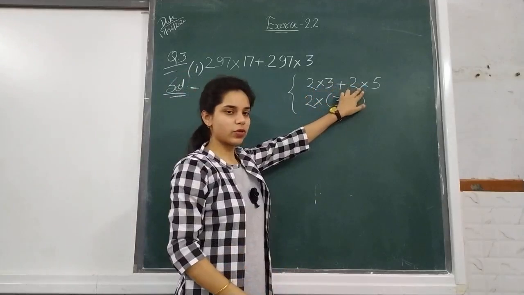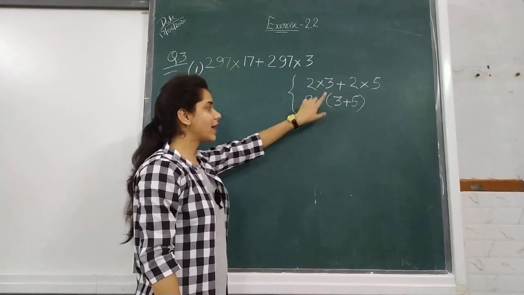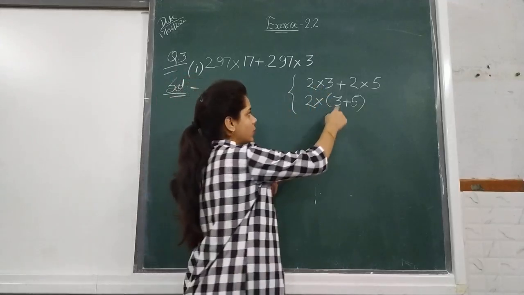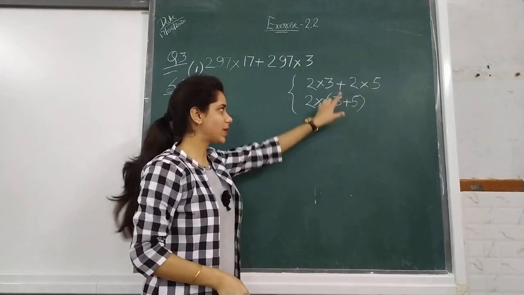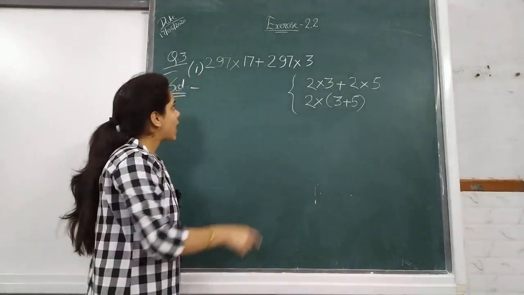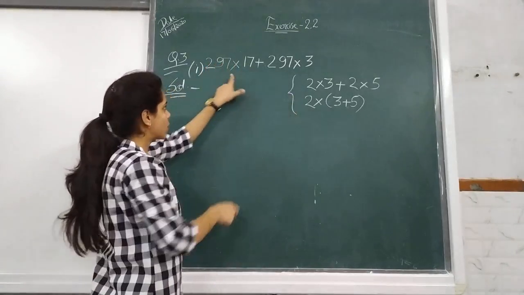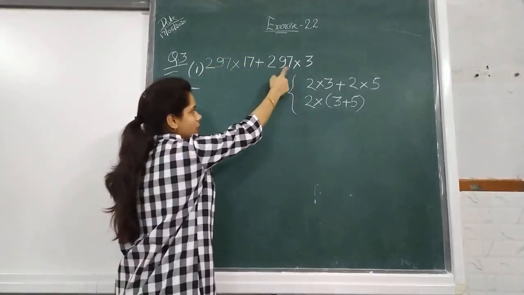Because the plus sign is there, we put the plus sign in the bracket. Understood? In this question also, we can apply distributive property because 297 is in both the numbers.